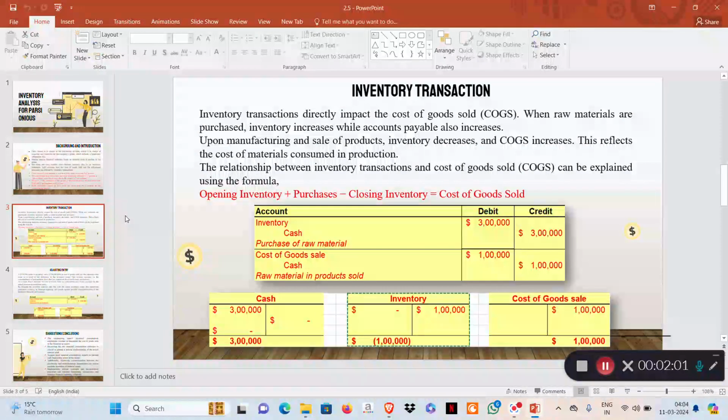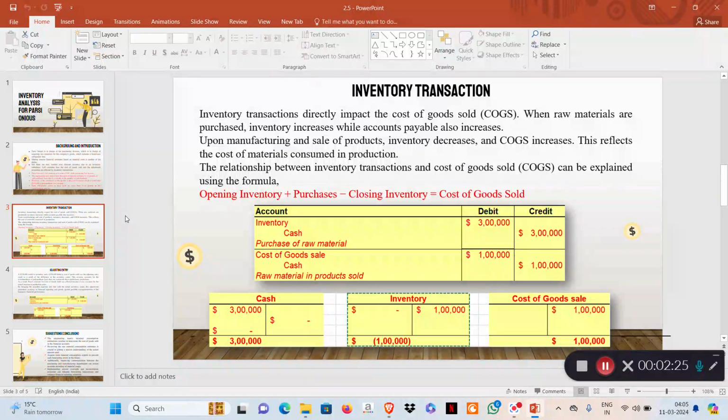Now let's go ahead to the inventory transactions. Inventory transactions directly impact the cost of goods sold (COGS). When raw materials are purchased, inventory increases while accounts payable also increases. Upon manufacturing and sale of products, inventory decreases and costs increase.